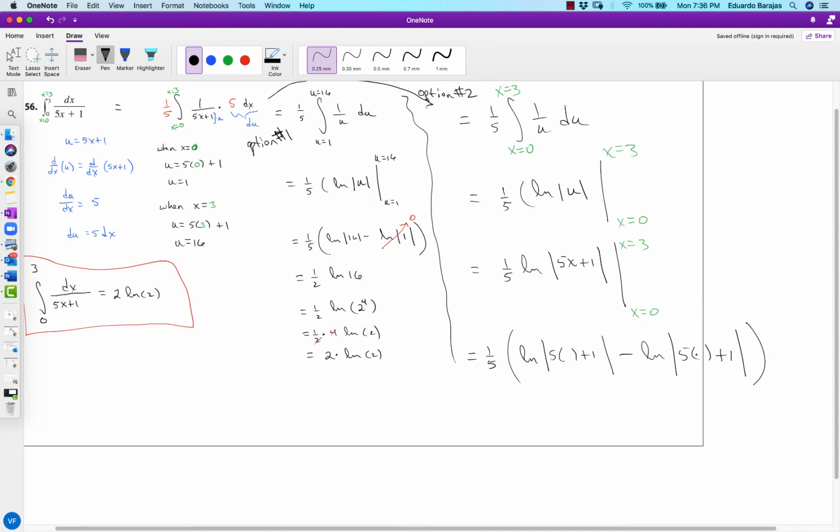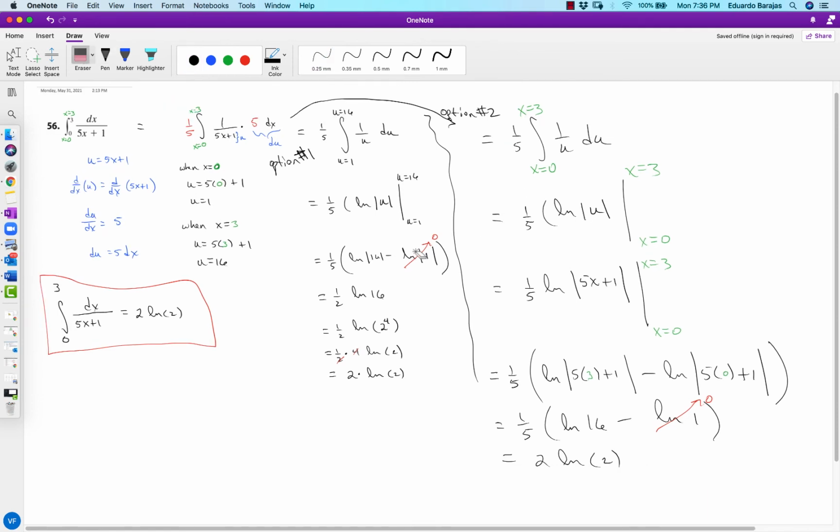Now we plug in a value of 3 here and a value of 0 here. And now we're going to get the exact same answer as before: 1/5 ln of 16 minus ln of 1. And so that's going to be that answer up there. After a little bit of massaging, we'll get that this is equal to 2 ln 2, just like before.